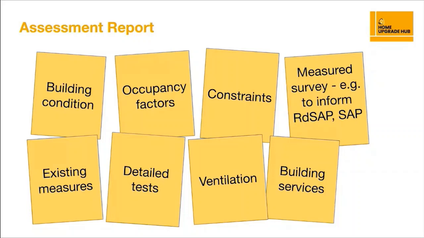Building services, so, obviously there won't be gas because this is an off-gas funding scheme, but what kind of electricity connections we've got, what kind of heating, ventilation services are in the property already. And it's really important that this is evidenced, so there's images and a suitable level of detail to allow that improvement plan to be made.